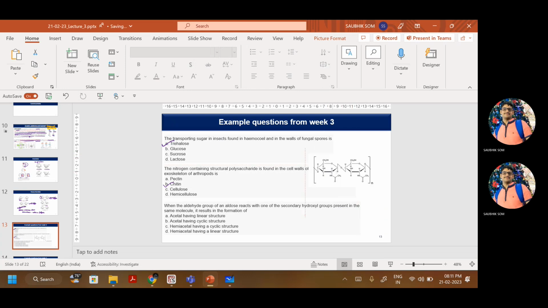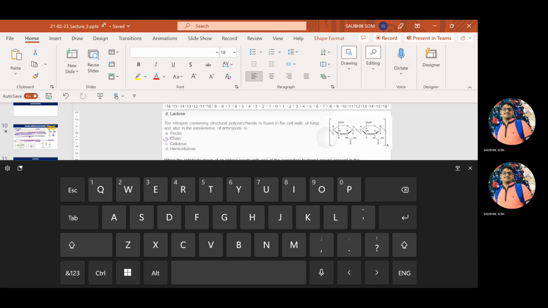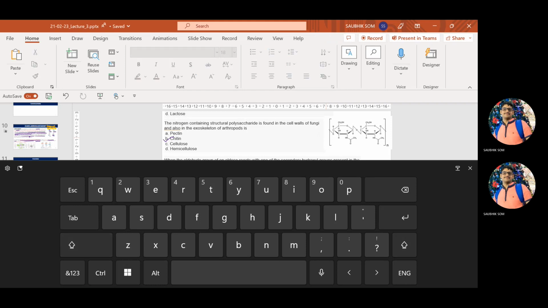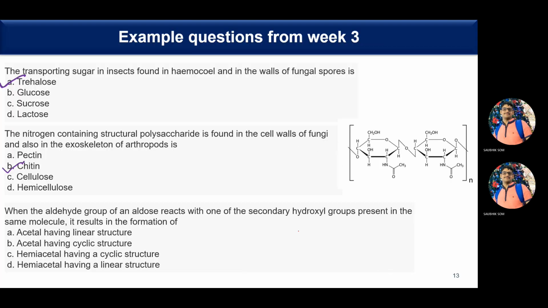So chitin is a polymer with a repeated unit of N-acetyl glucosamine. As you can see here, this is the N and this is the acetyl group. This is a chitin molecule, a chain of N-acetyl glucosamine units.